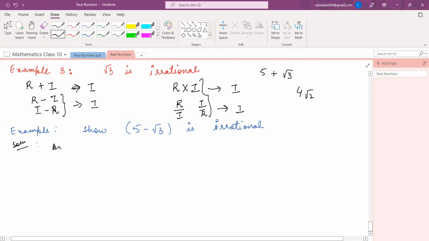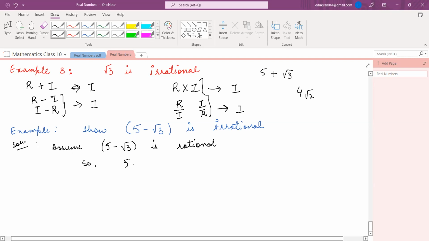So assume that 5 minus root 3 is rational, right? Okay. So if it is rational, then obviously it is of the form p by q.